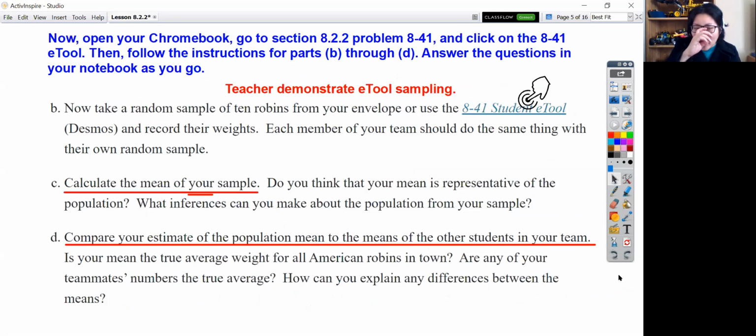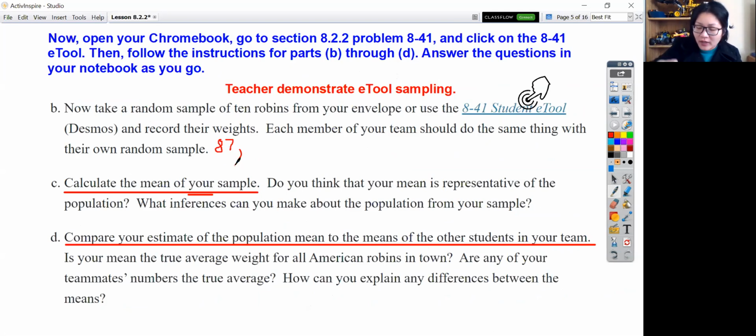Now take a look at question B. Take random samples of 10 robins from our envelope. So let's do it now. We have 87, recording the numbers we just take out, okay? So we have 87.